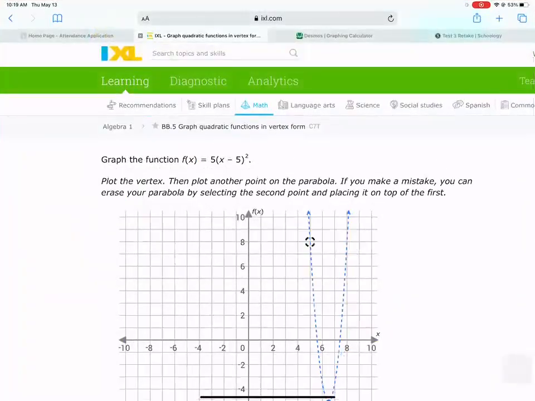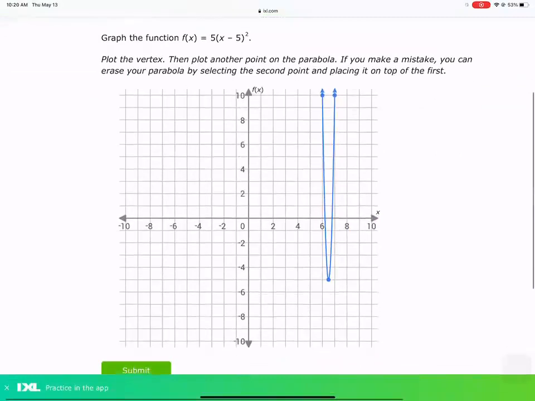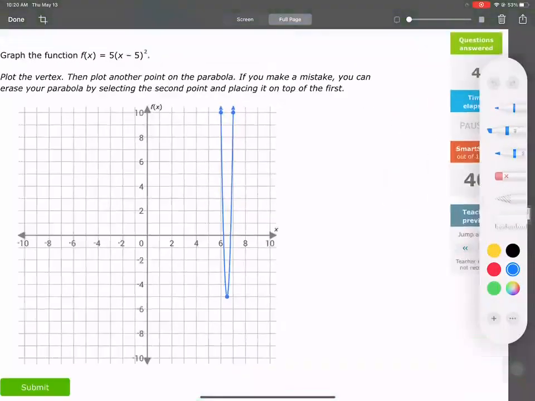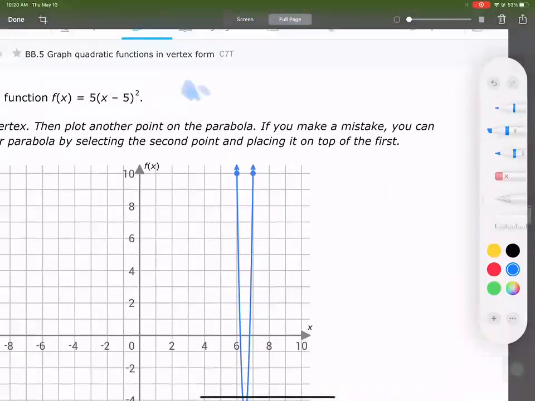So as these problems get harder, they're going to ask you, hey, what's H and K here? Hopefully you notice that there is no K, K is 0, and H, remember H is negative, X minus H, that's going to be 5. So on a piece of paper, you might want to write it down. A is 5.